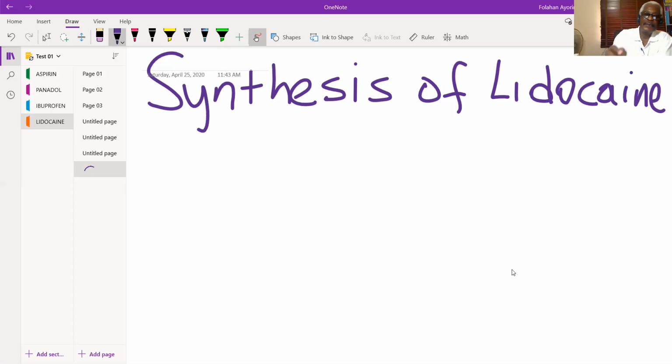Okay, so we are going to start this synthetic procedure by using a fairly simple molecule.